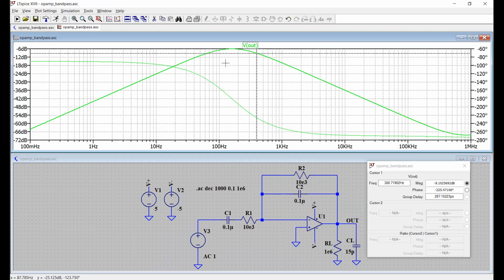So it depends on what values we choose; we have this response looking like this. Okay.